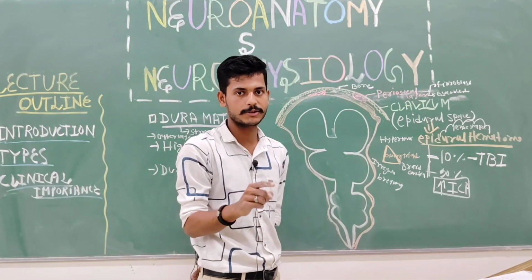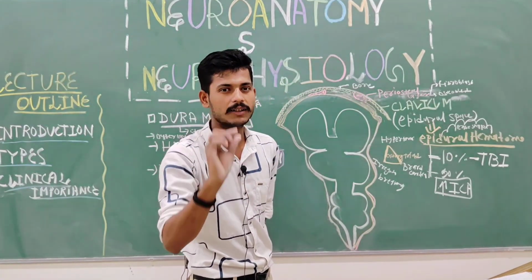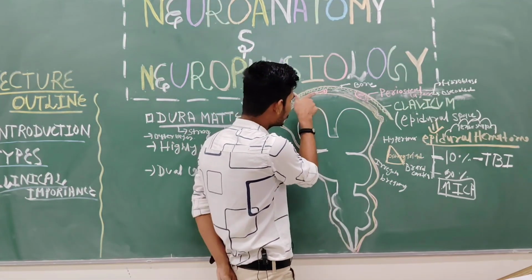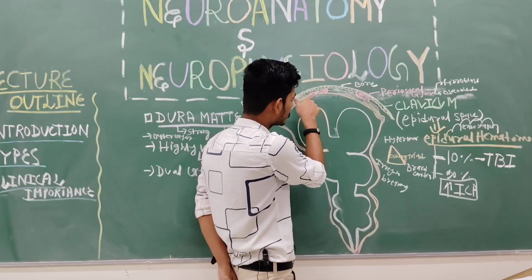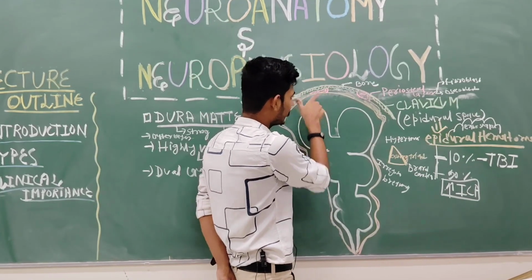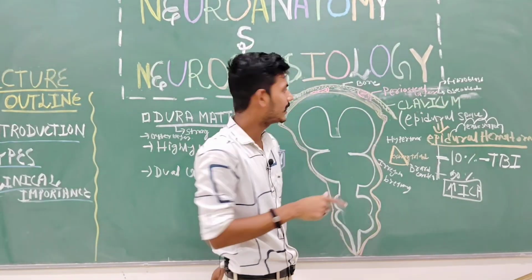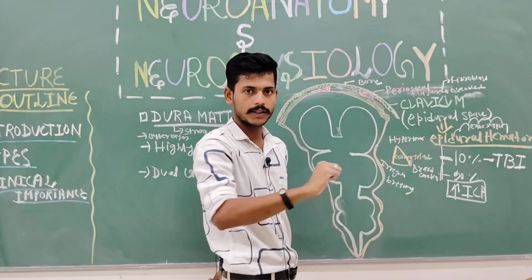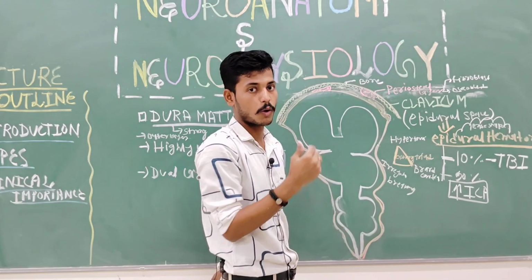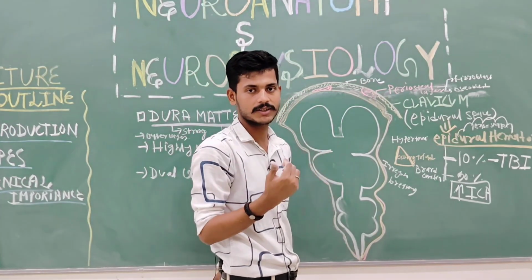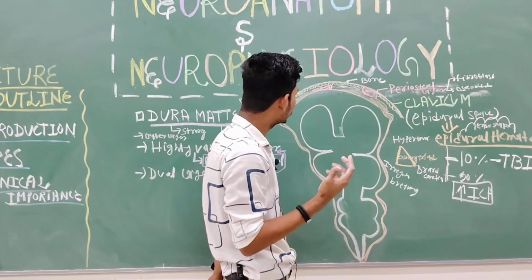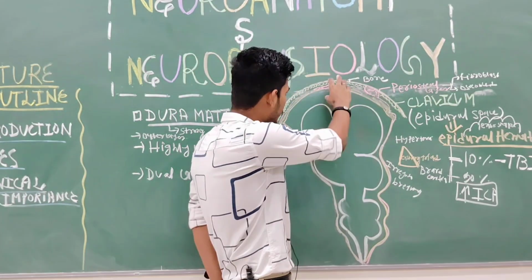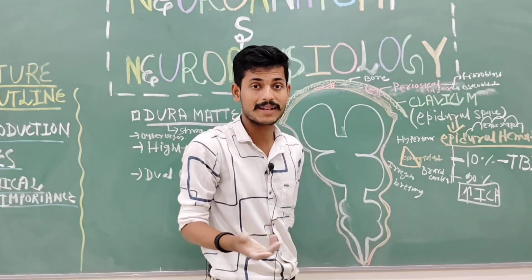Between the calvarium and the periosteal layer there is a slight space that we call the potential space. In this potential space there is one artery, the middle meningeal artery, and sometimes due to trauma, that's traumatic brain injury, or coagulopathy, or tumor formation, these things can lead to rupture of this artery, and due to the rupture there will be a collection. This rupture is termed hemorrhage.